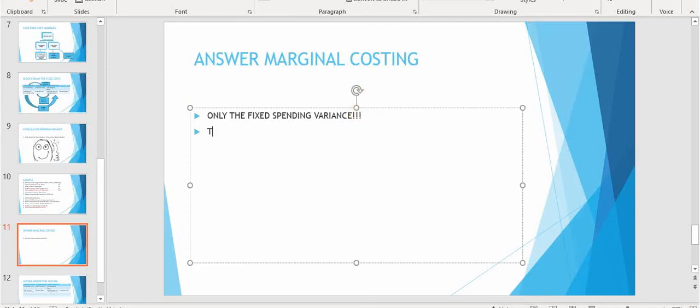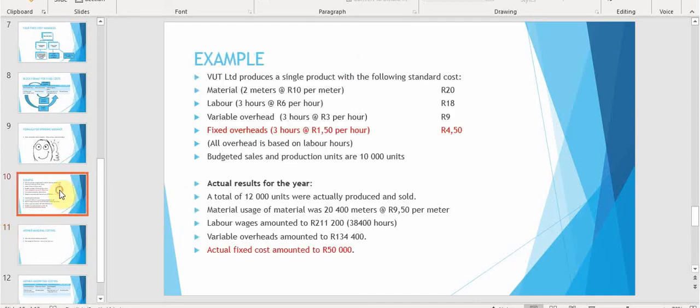We need to take your total budgeted fixed cost minus your total actual fixed cost. Now, the actual total fixed cost was already given as 50,000. So I only need to go and calculate what the budgeted fixed costs were.